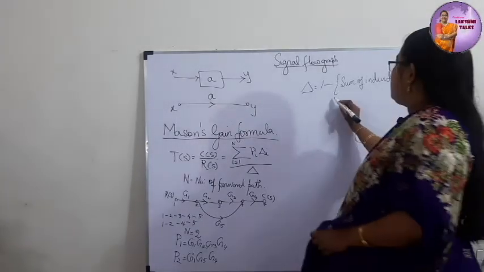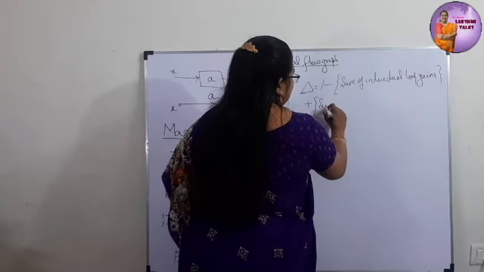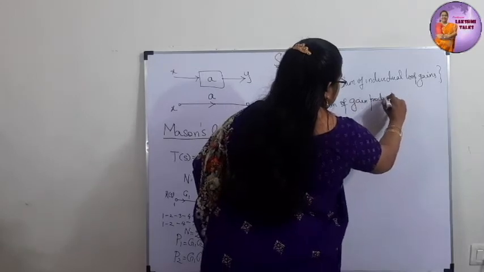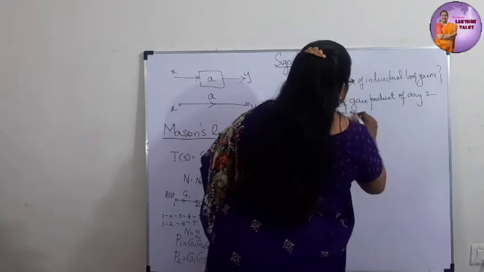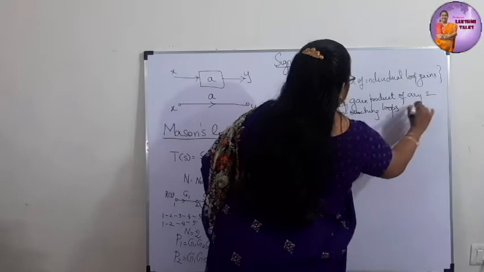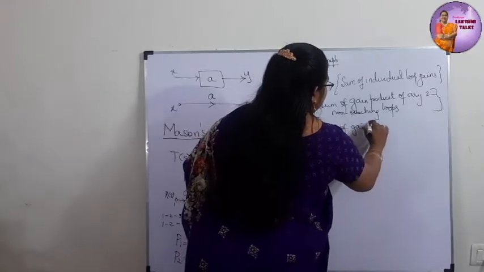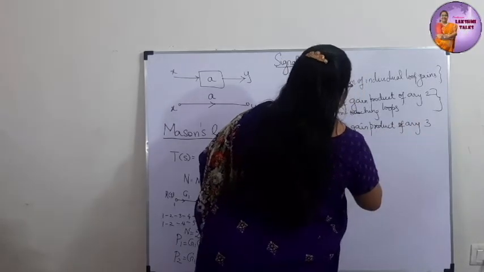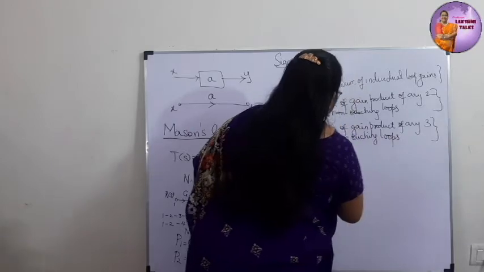Right? Alternately it comes 1 minus sum of individual loop gains. We have put minus here, so plus sum of gain product of any two non-touching loops, then minus sum of gain product of any three non-touching loops, plus and so on.